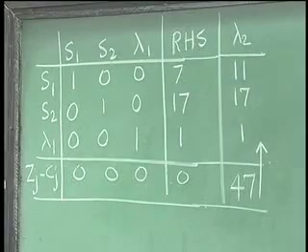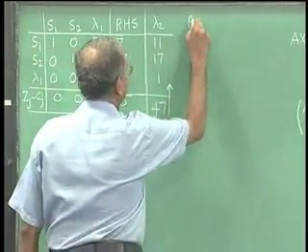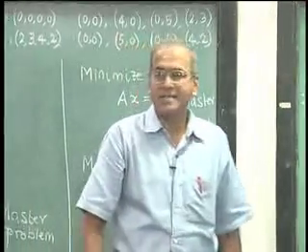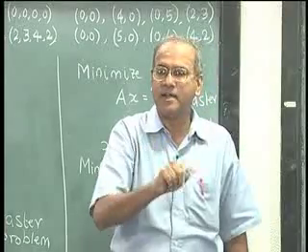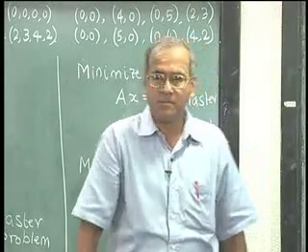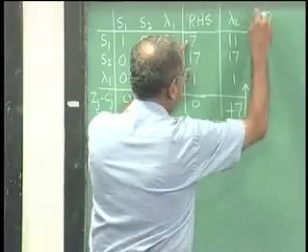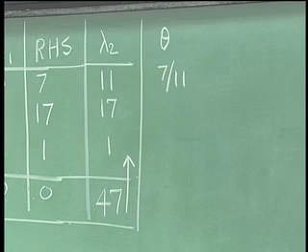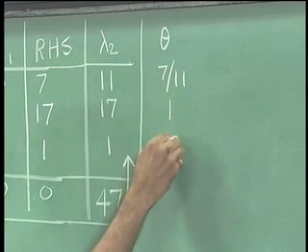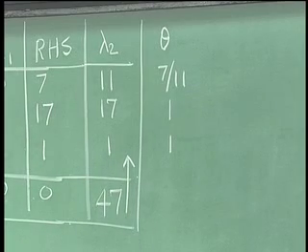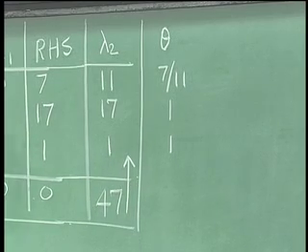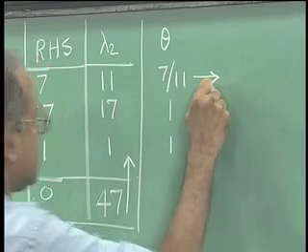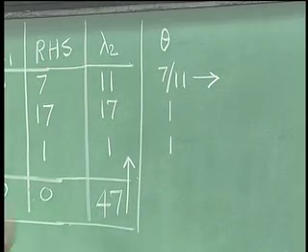Now, we have to find out the leaving variable, and to find it we will compute theta. Note that theta is right hand side divided by the entering column. So, it is 7 divided by 11, 17 divided by 17 and 1 divided by 1. The minimum theta leaves the basis, therefore, this will leave the basis and this is your pivot element.